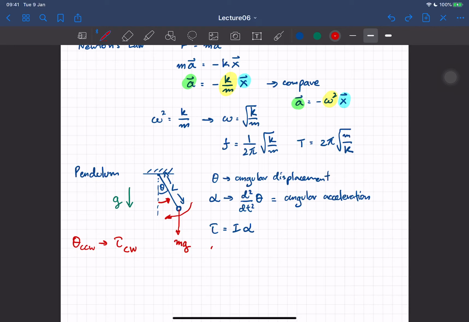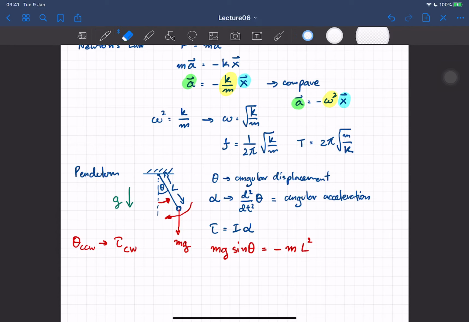Well, torque is mg times sine of the angle. Make sure you know why it is sine, not cosine. And that's going to be equal to minus, the minus sign coming from what we just said earlier, I, the moment of inertia, which is the mass of the pendulum times the distance to the pivot point, which is L squared.